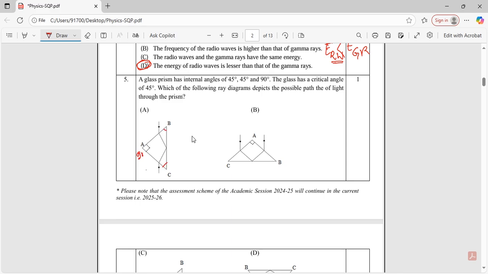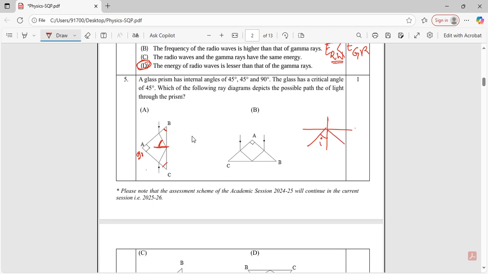The critical angle is 45 degrees, so that means total internal reflection. If that angle is 45, this angle is obviously more than 45.